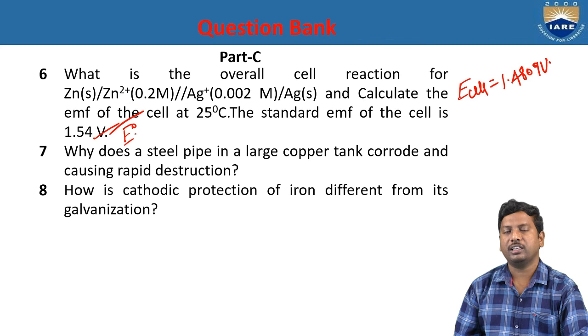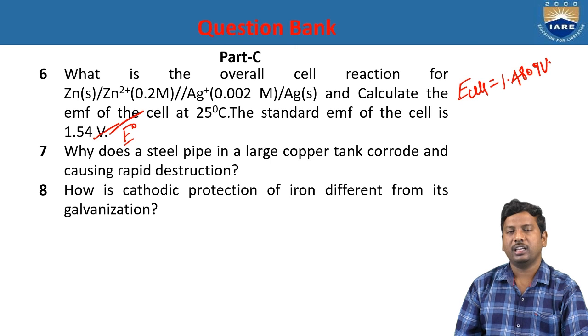Okay, and why does a steel pipe in a large copper tank corrode, causing rapid corrosion? Because of the electrochemical series, steel is a more active metal than copper, so that's why it undergoes rapid corrosion. And how is cathodic protection of iron different from its galvanization? Generally, cathodic protection is where the metal is forced to act as a cathode, so that the metal stays safe.